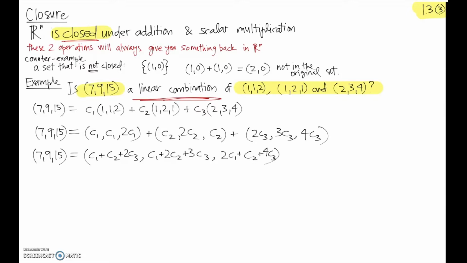And now I know if this vector equals this vector, that means that if I can find some numbers C1, C2, C3 that make all of this work, then the first triplet is a linear combination of these guys. So, because these two vectors are equal, 7 has to equal this first element, and 9 must equal this, and 15 will equal this, which sounds to me like 3 equations in 3 variables, and that's definitely something that we can solve.